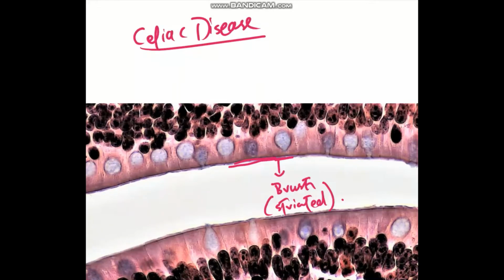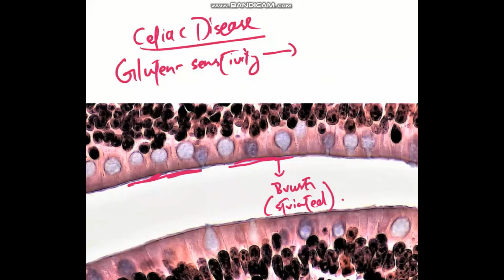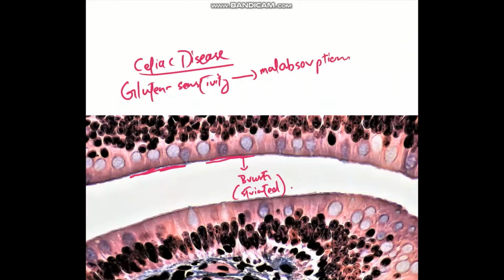Celiac disease is characterized by a sensitivity to gluten in your intestinal epithelium, which results in, for example, if you eat a gluten-rich diet, the damage of this brush border here, damage to the microvilli, and then it would obviously lead to malabsorption because microvilli cannot absorb food anymore. And this malabsorption leads to many different kinds of pathologies.